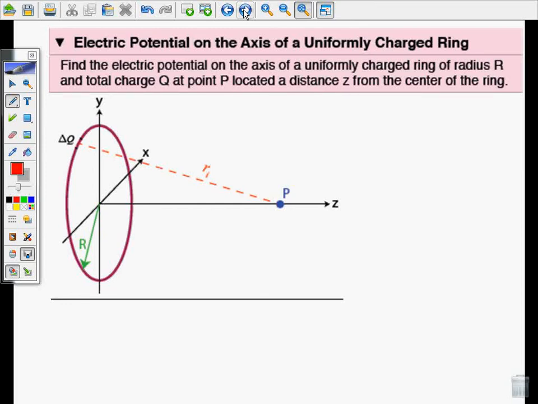Now, if you just had a little smidge of charge, from here to here, we're calling that delta Q, a little tiny piece of charge right there.